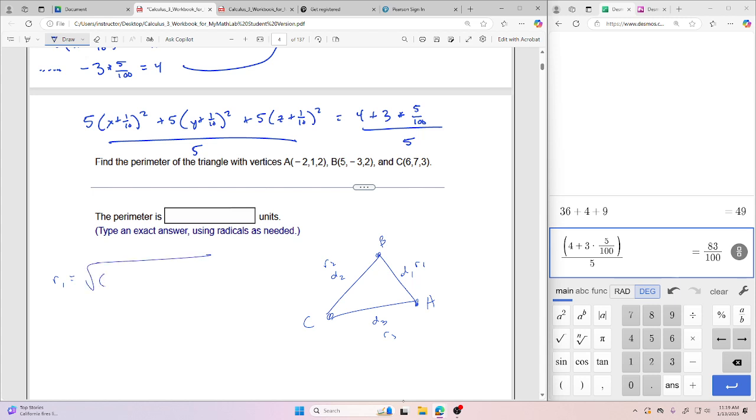So between A and B, I would do a -2 minus the 5, a 1 minus the -3, and then I got a 2 minus the 2, right? Bop, bop, bop. R2, repeat. R3, repeat. Add them all up, you got it.